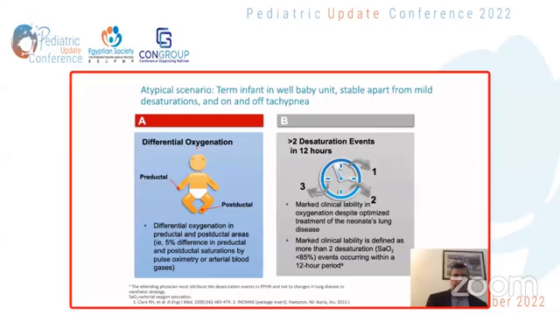The differential oxygenation, the difference between pre and post-ductal saturations: more than 5 is really significant, more than 5 difference in saturation, or if you have more than 2 desaturations within 2 hours. And I'm talking about term infants because this mechanism does not apply to preterm infants. That might be considered acceptable in preterm infants. If you have any 1 or even 2, then you have to investigate for pulmonary hypertension.